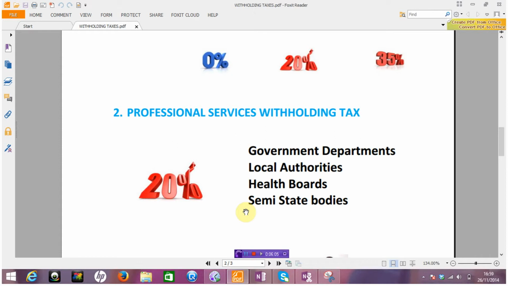Okay, so in essence, what we're saying is that where we have individuals, perhaps a doctor or an accountant, etc., who's providing professional services to these departments, once the payments are being made over to the individual, 20% must be deducted. It must be deducted in all cases.